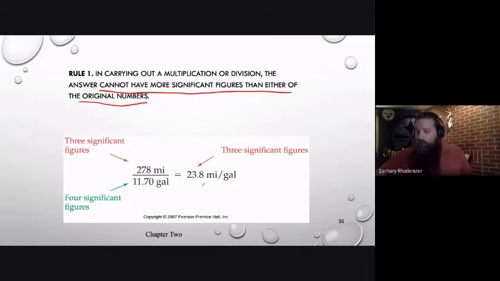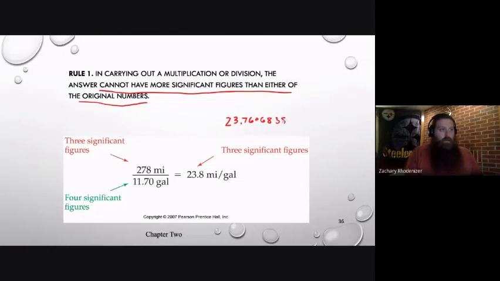All right, now let me pull out a calculator really quick. If I actually do this problem in my calculator, 278 divided by 11.70, this is the number that I actually get: 23.7606838.